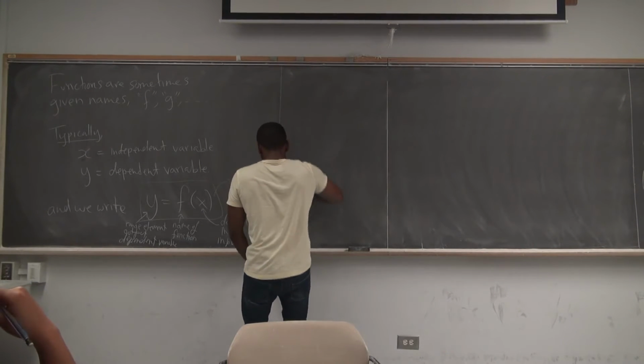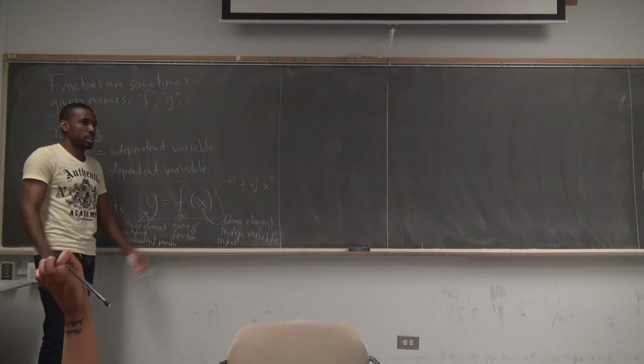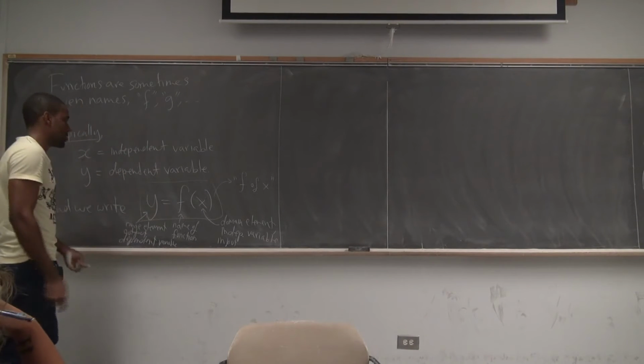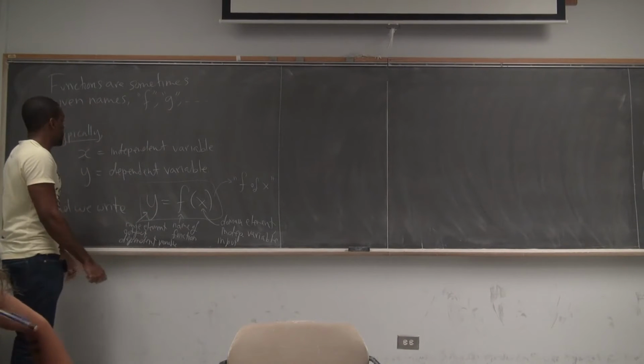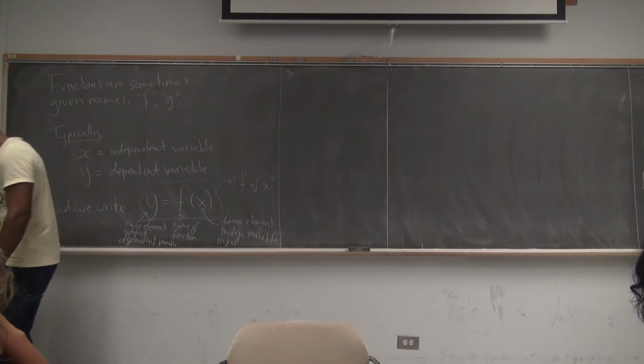I'm telling you this definition because another thing in recognizing a form is knowing the vocabulary, knowing the language that we're speaking. So when I write something down, you should be able to interpret it and give it meaning. What else do I want to tell you about functions? There are so many things.